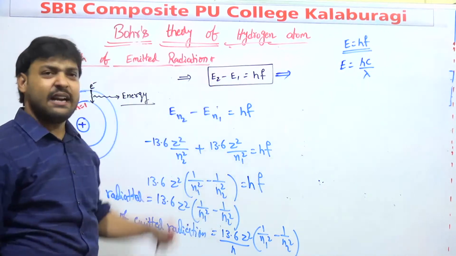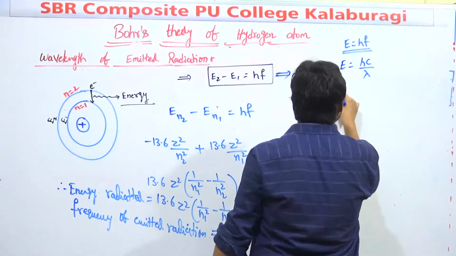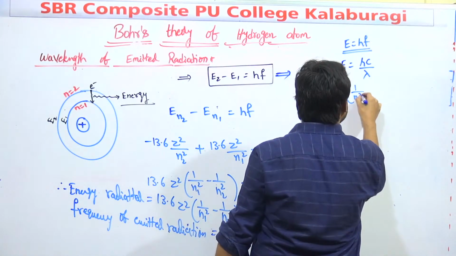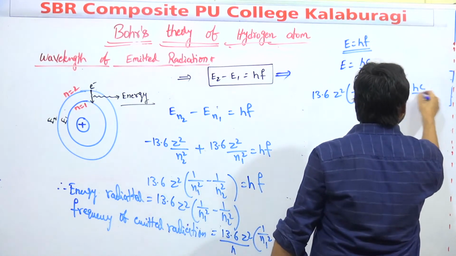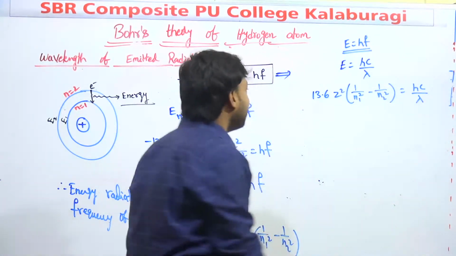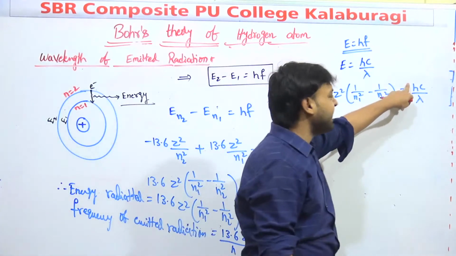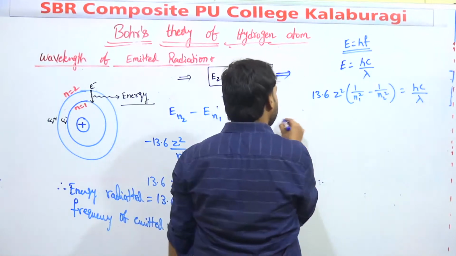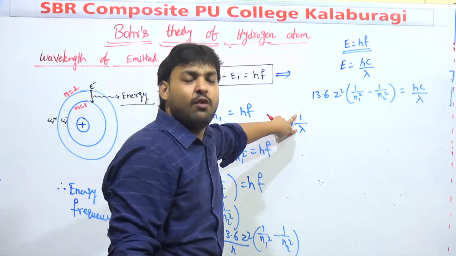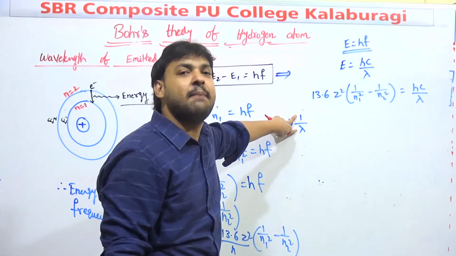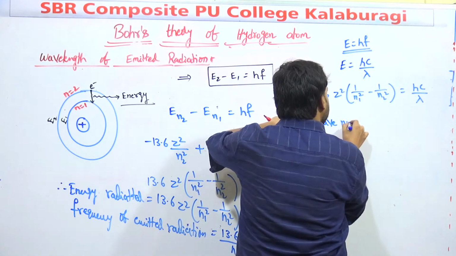So if they ask to calculate the wavelength, I can write 13.6 Z square into 1 by n1 square minus 1 by n2 square, equal to hc by lambda. I have just written energy, not frequency. Now what we want is wavelength. So before that we will calculate 1 by lambda, which we call the wave number.